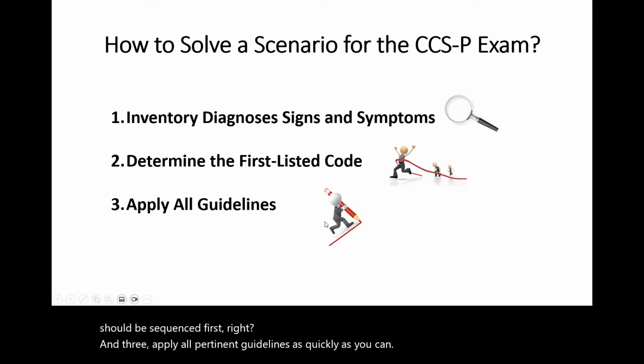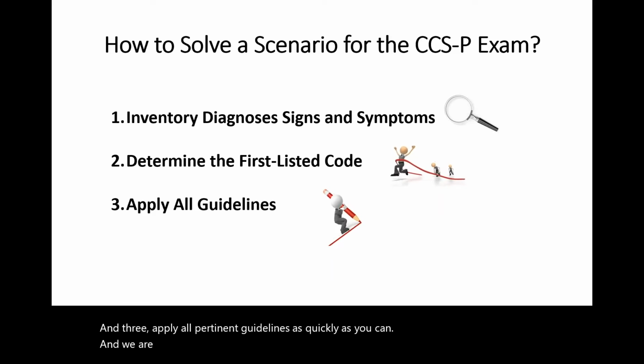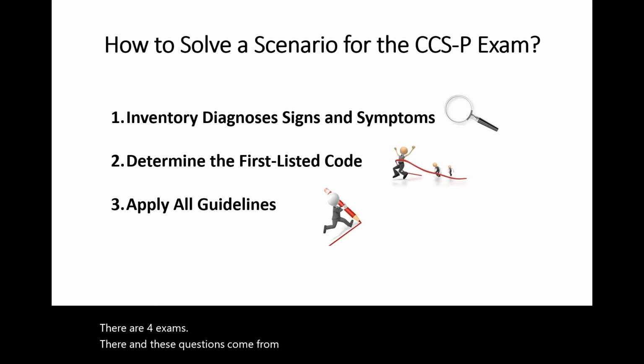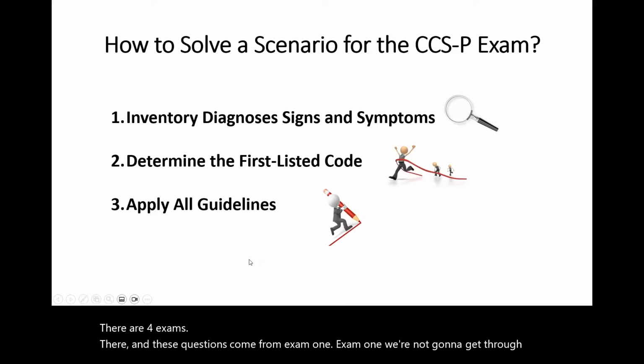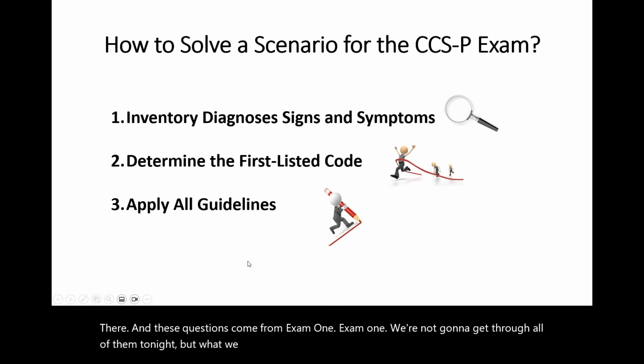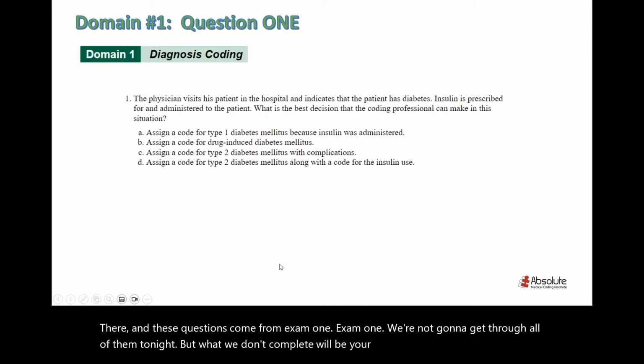We are using your exam prep book, 13th edition. There are 4 exams there, and these questions come from exam 1. We're not going to get through all of them tonight, but what we don't complete will be your assignment.